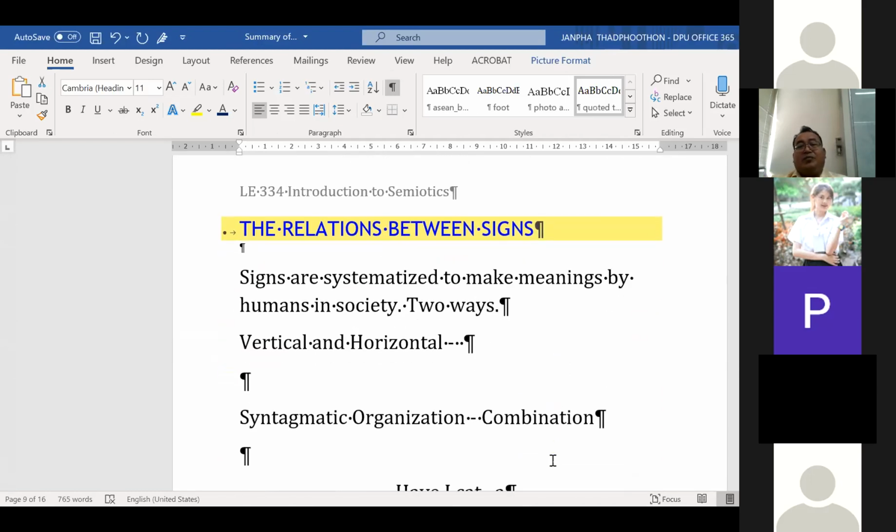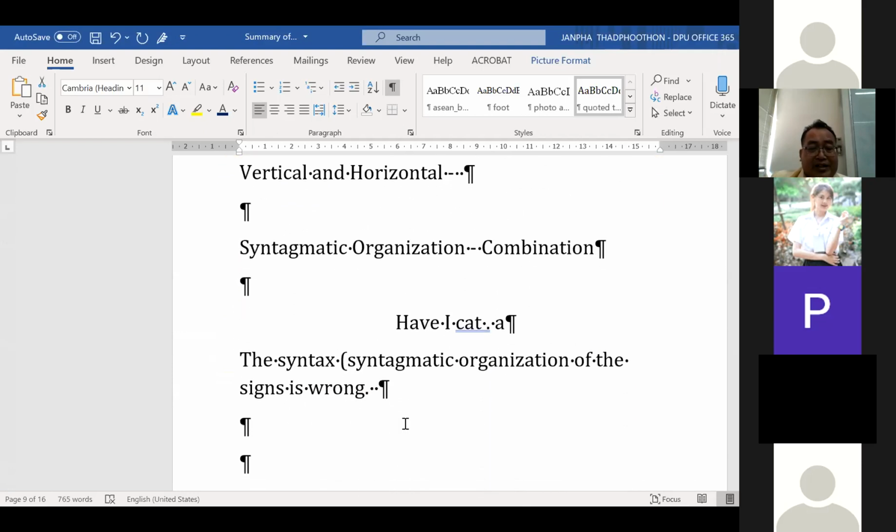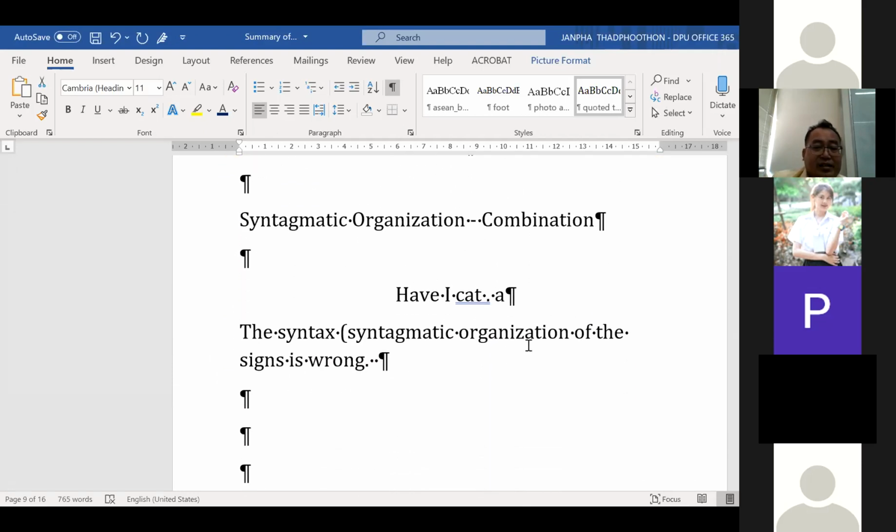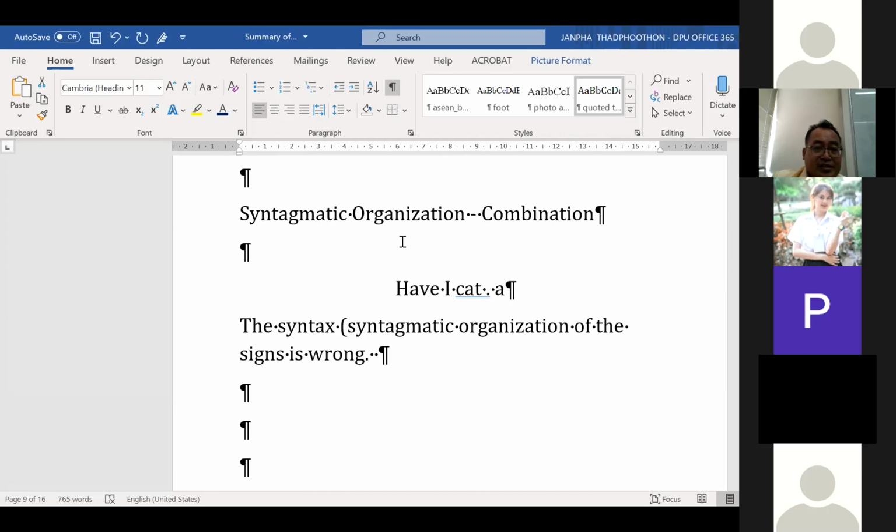Now, the relation between signs is another topic that we've been discussing. Just to make things short for you, we talk about two relations: syntagmatic organization and paradigmatic organization.